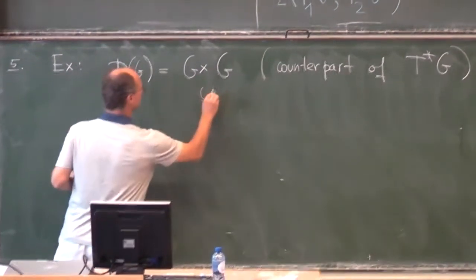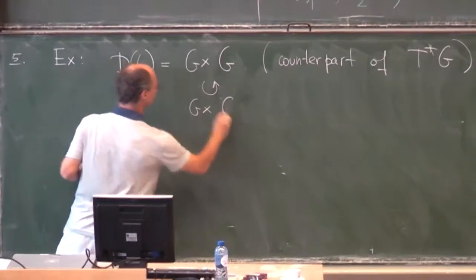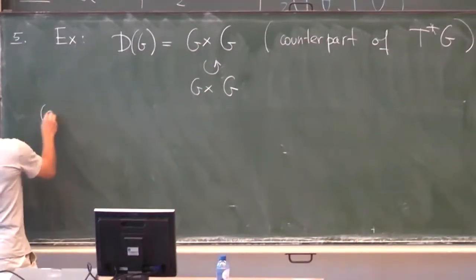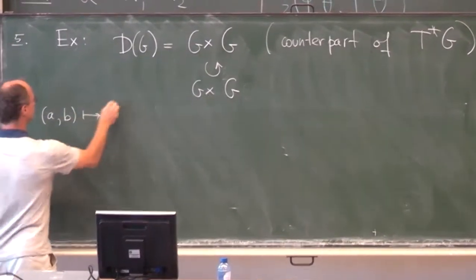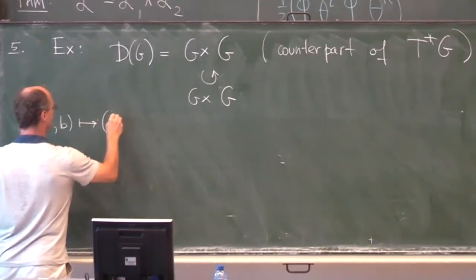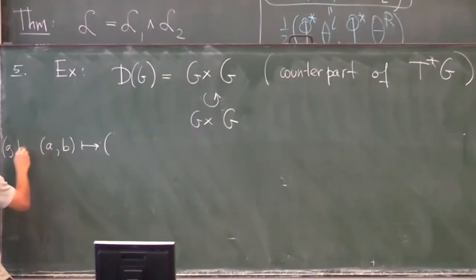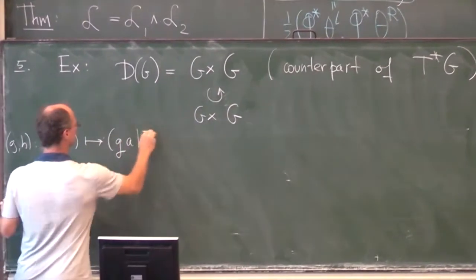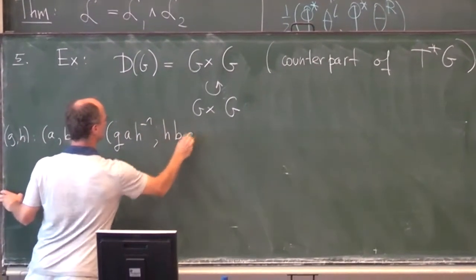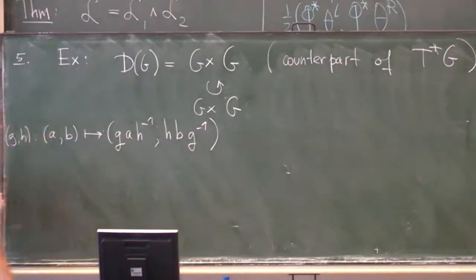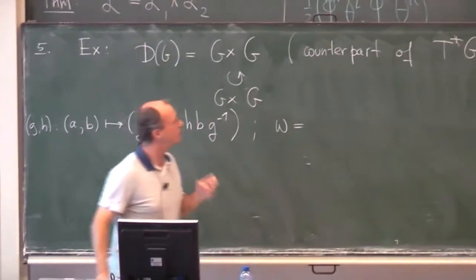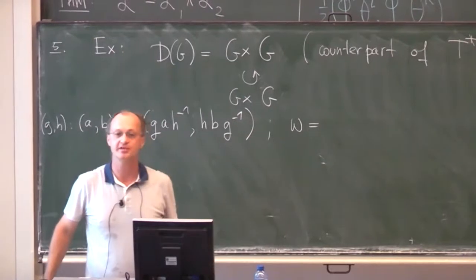Now I will be acting on it not with 1 copy of the group but with 2 copies. And the action will be as follows. It will be, let's say, (g, h) mapping (a, b) into (g a h^{-1}, h b g^{-1}). And usually it's not so easy to write those quasi-symplectic forms.